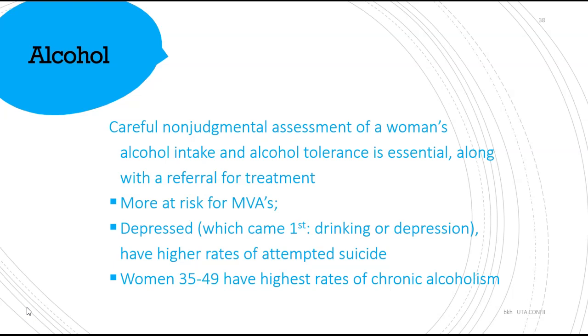We know that our drinking women who are alcoholics or are dependent on that alcohol have higher rates of attempted suicide. And women 35 to 49 are the highest risk for chronic alcoholism. And we do have women in that age frame getting pregnant.